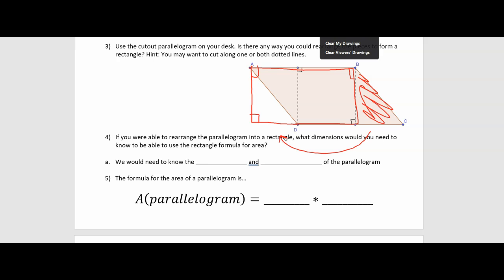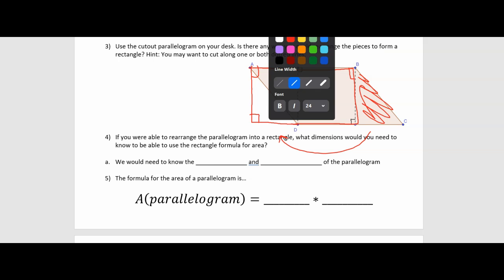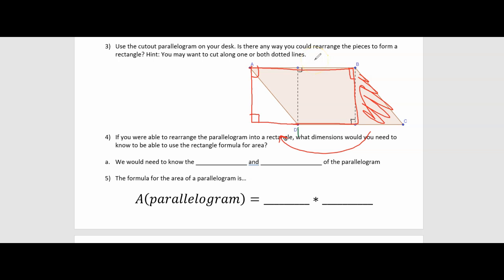You'll notice that nothing changes here as far as the base and the height of the parallelogram go. Let me just show you real quick. This original base of the parallelogram is going to be the same as the base of our rectangle. Up above, it doesn't change at all. It stays the same.